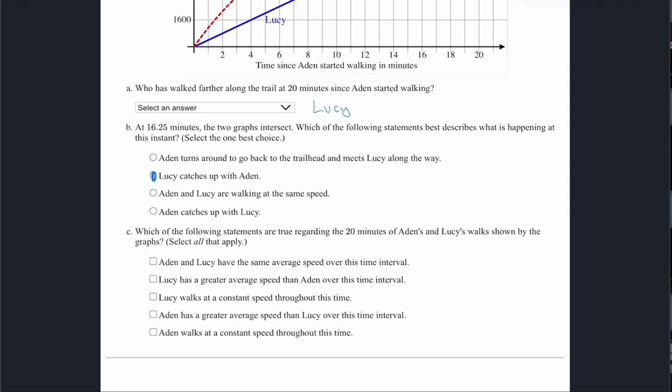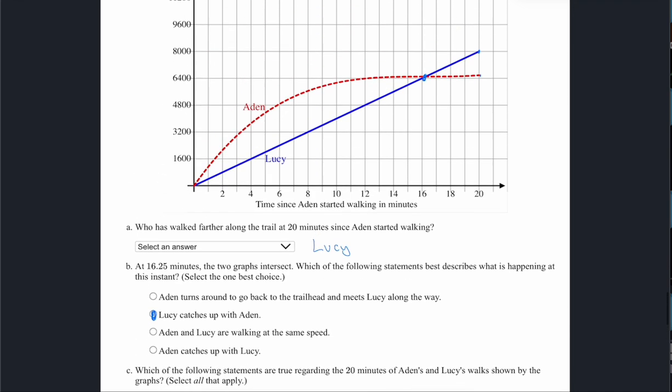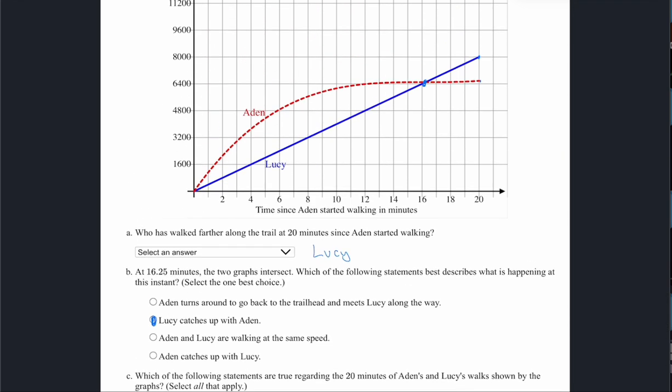Lucy's walking at a constant rate because she's on that perfectly straight line. We can definitely say that. But let's draw a line between Aiden's beginning position and final position.